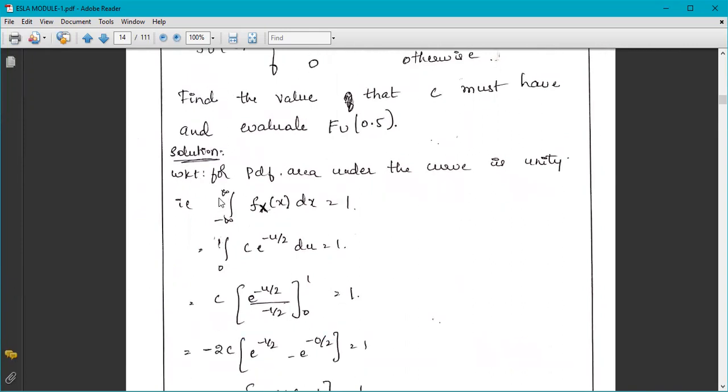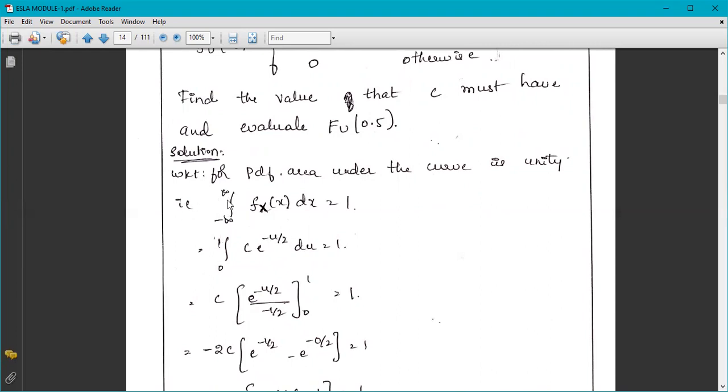We know that for a probability density function, the area under the curve is unity. In the previous class we already proved that the area under the curve is unity for the probability density function.